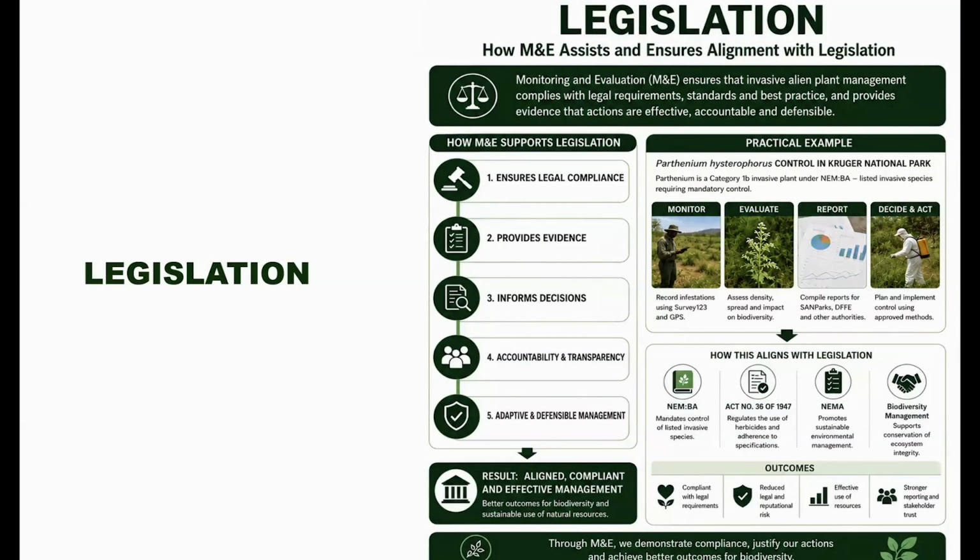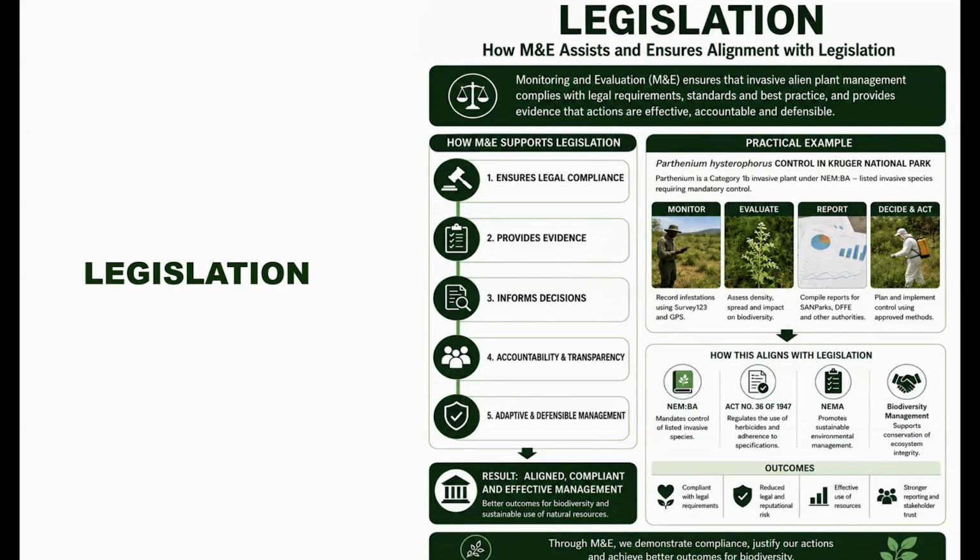So M&E can also help us in ensuring that we comply, that we align with legislation. And how can M&E assist us? It is by ensuring that we are legally compliant from a permit point of view, ensuring that we're able to provide evidence. If DFFE or auditors come, then we're able to provide them with evidence.